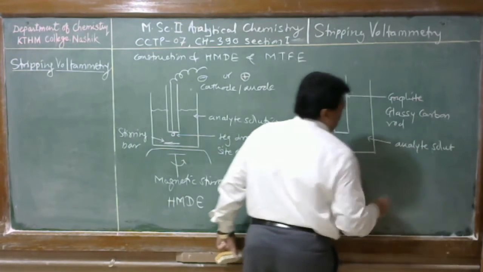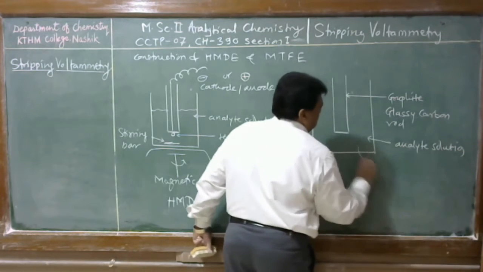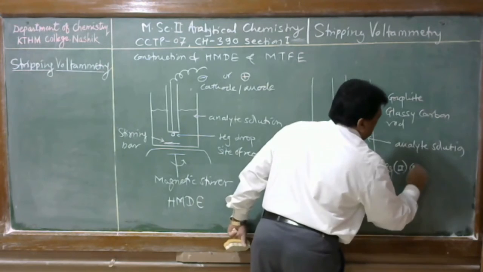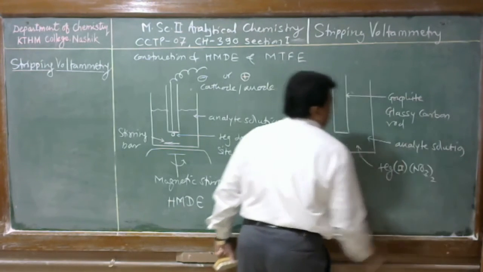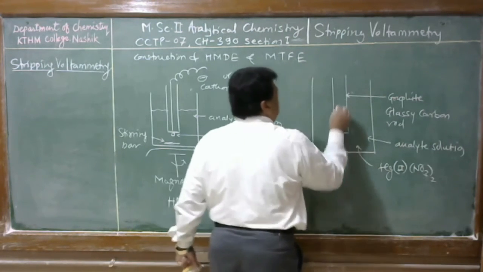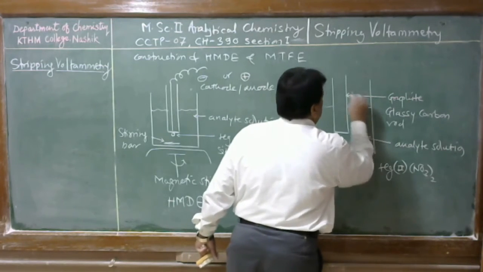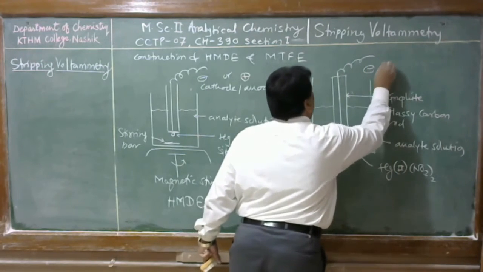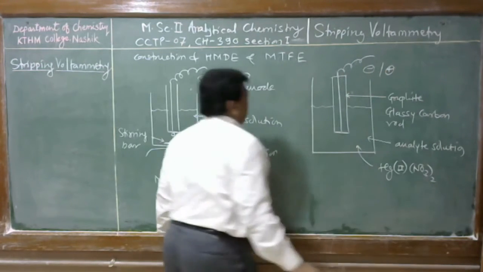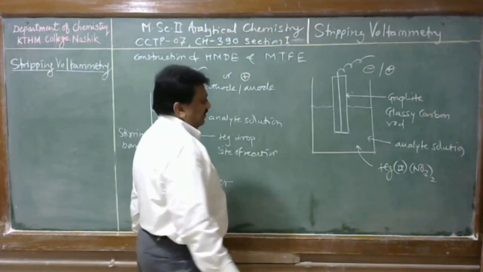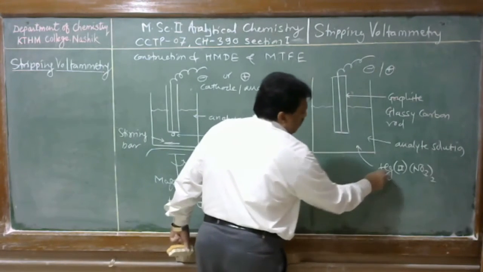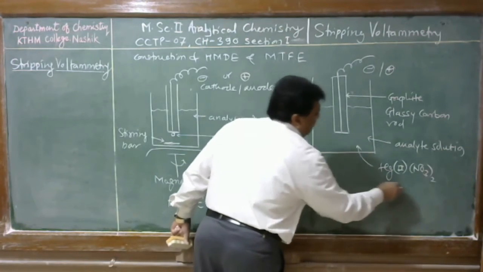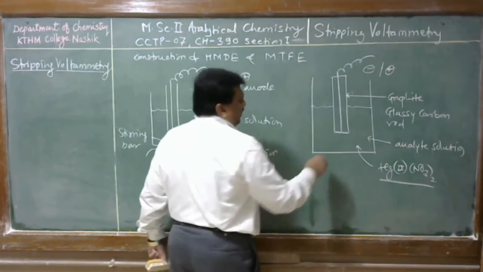In that analyte solution, Hg nitrate, that is mercury nitrate, is added, and here this graphite is applied either negative or positive potential depending upon the type of reaction. This is the analyte solution in which mercury nitrate is added.